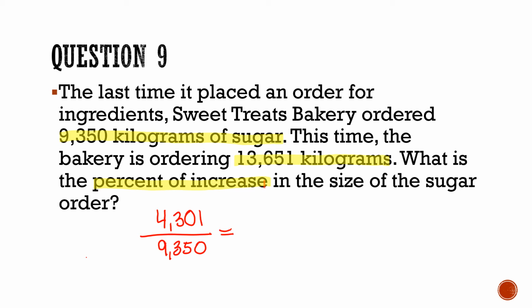When we divide that 4,301 by 9,350, we get 0.46, which written as a percentage is 46%. It's okay if you put increase. You don't have to, since the question already said that it's an increase.